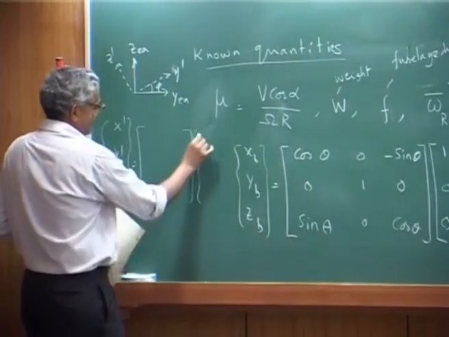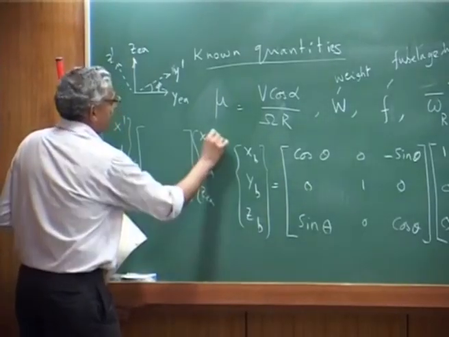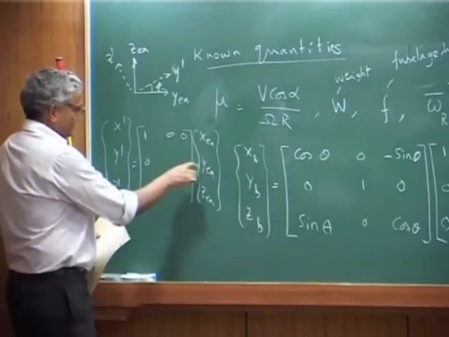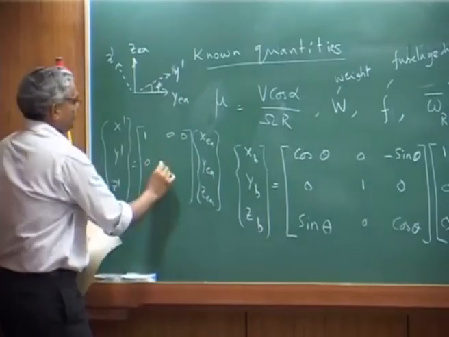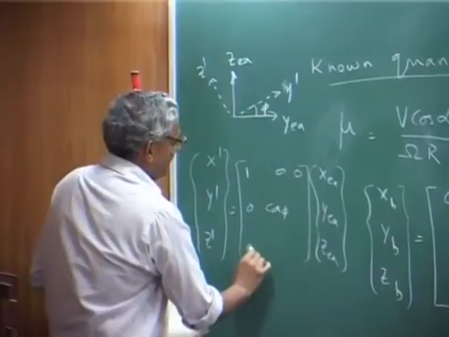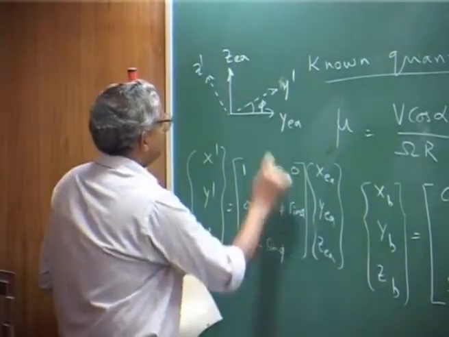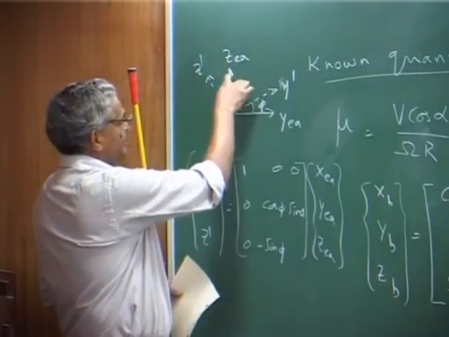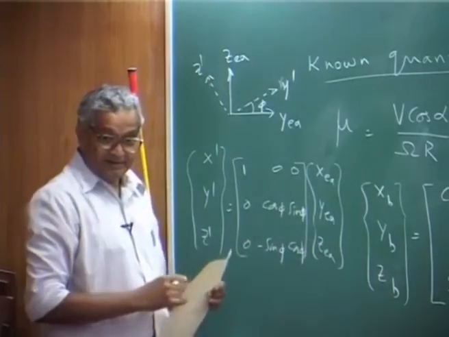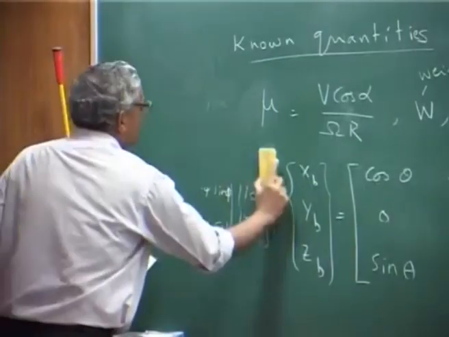Now you take here is x earth, y earth, right, 1 0 0 0. Here you will have cosine phi. The same thing it will give you minus sine phi, right. And here this is sine phi in the z earth, sine phi, cosine phi. Okay. This is fine. Now you got x1, y1, you got x prime, y prime.